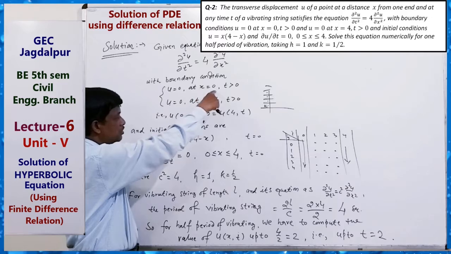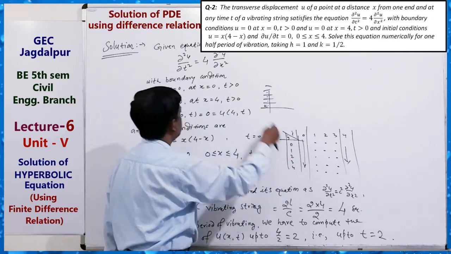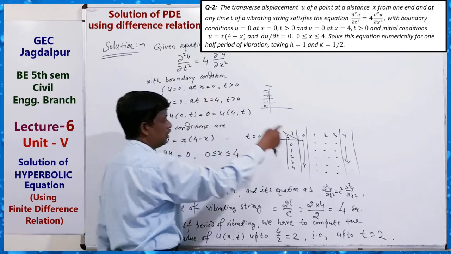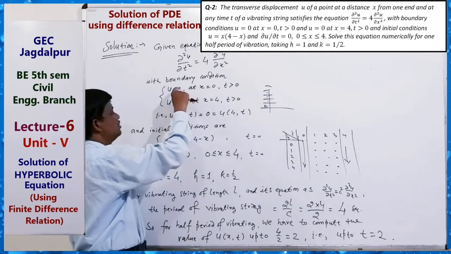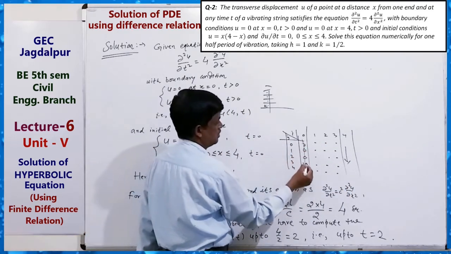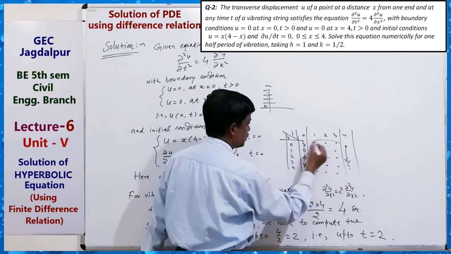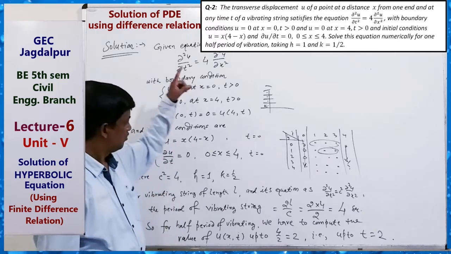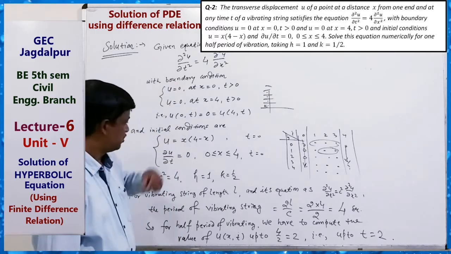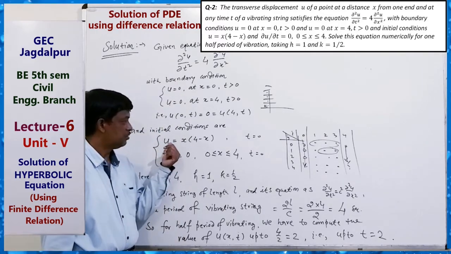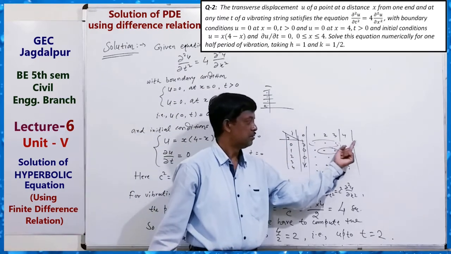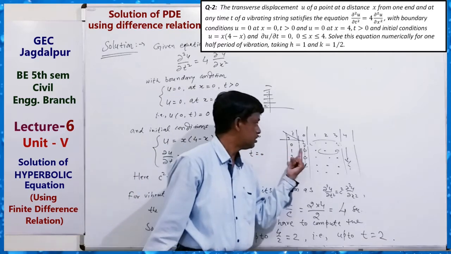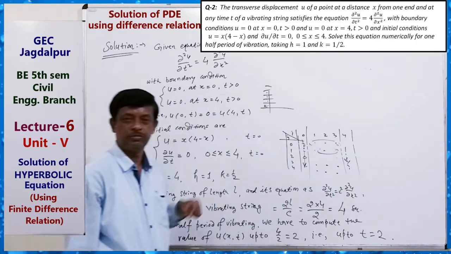At x equals 0, that is this line, and at x equals 4, that is this line, all the values are 0. And the first two rows we will get from the two initial conditions: from this condition we get the values in the first row, and from the other condition we get the values in this row.